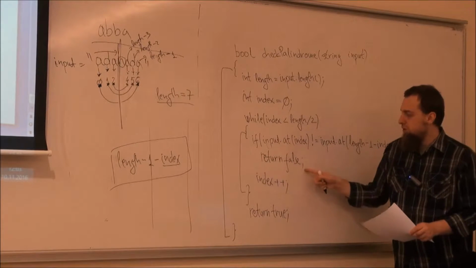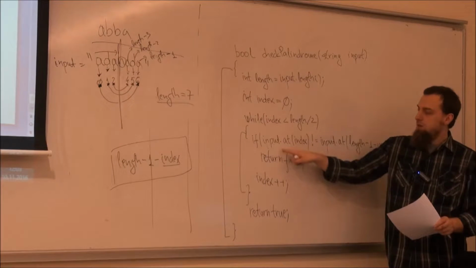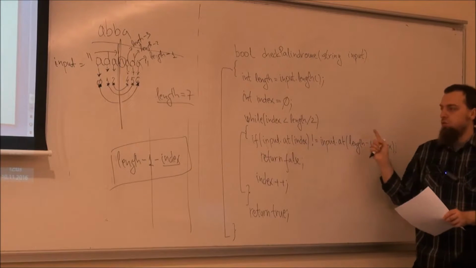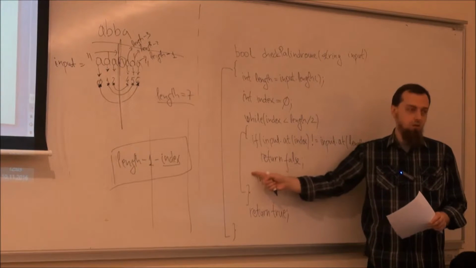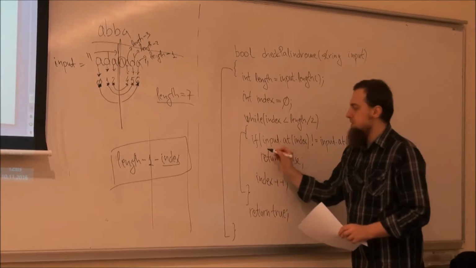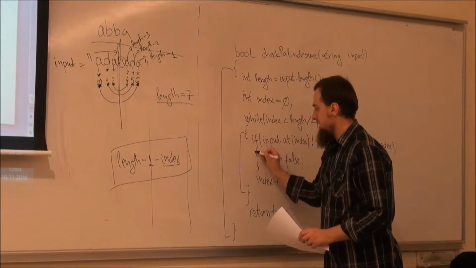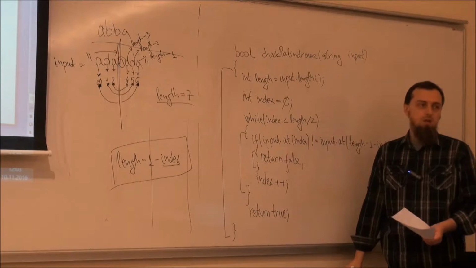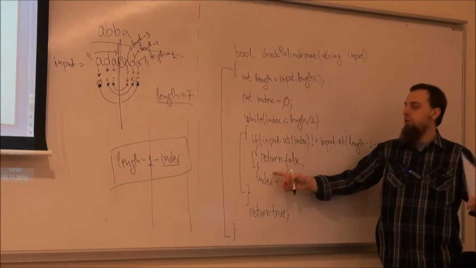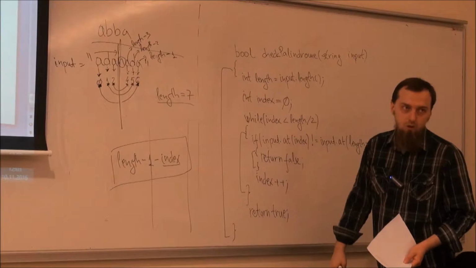And this return false applies only to this if here, okay? This is going to be checked no matter if this condition is true or false. This is going to be executed, okay? So this return false is same as writing like this. But in order to be sure, for the time being, I'm encouraging you to write those brackets. In your solution, you will have them, okay?